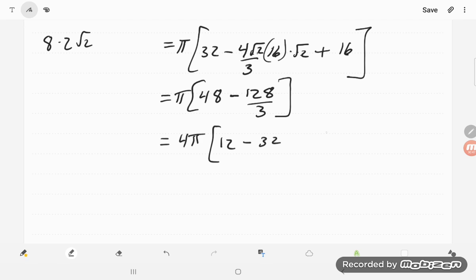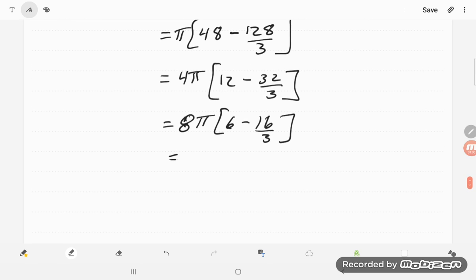Oh, we could have taken out 8 over 3. So I'm going to do that. 8 pi and 6 minus 16. Oh boy, I'm slow, aren't I? Okay. Could take out another 2, so that's 16 pi times 3 minus 8/3. Finally.